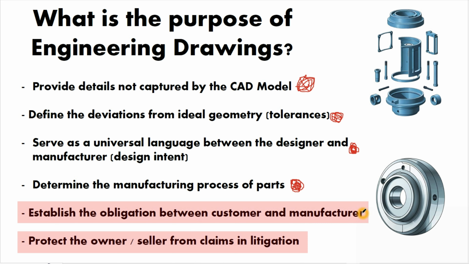Let's say a part fails in the field, someone gets hurt, a product has a flaw, and you're sitting in court defending yourself on why this product was good as is, and you can point to your engineering drawing, which is documentation that you've been sharing with the manufacturer and the designer, and the details in the engineering drawing can help protect you, establish why your product was a good fit for production, and why the risk of that danger that happened or the malfunction that happened is not necessarily your fault, because the due diligence was explicitly stated in the drawings, so it couldn't have been you.